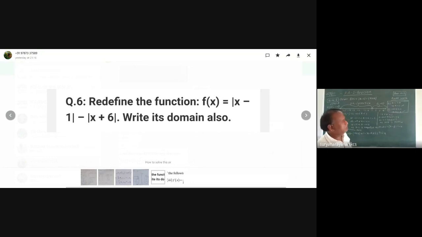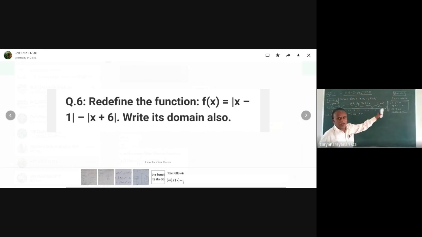Now let us take this third interval. In this interval, how can we define f of x? Case 3. X belongs to open interval 1 comma infinity, that is x greater than 1.